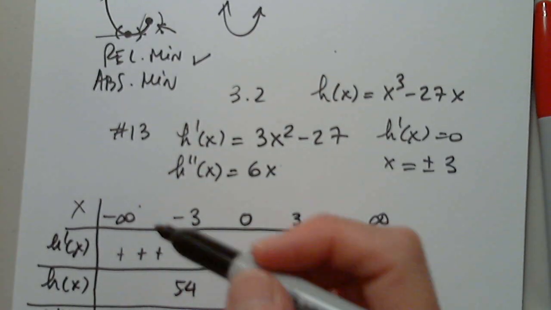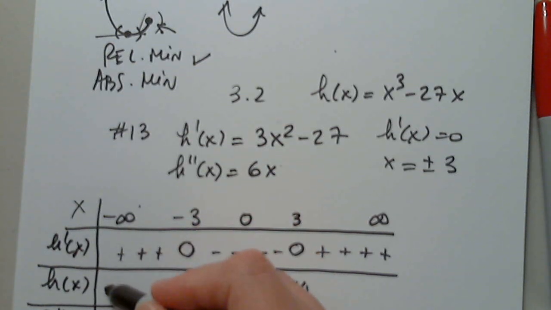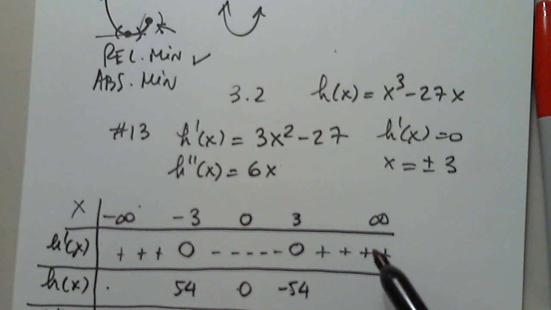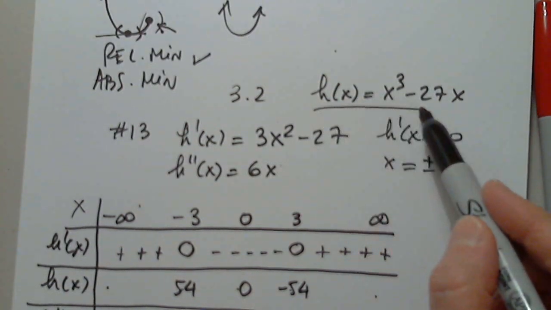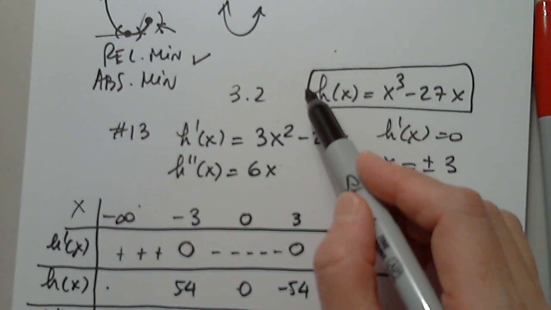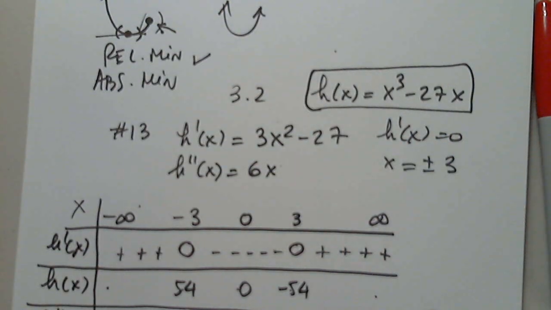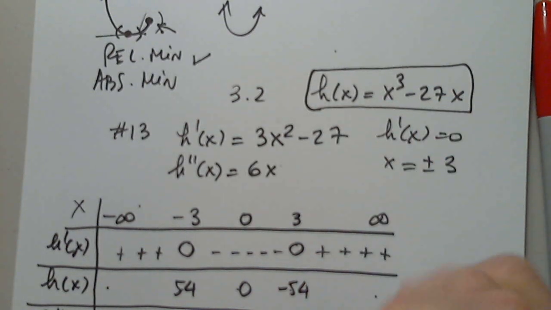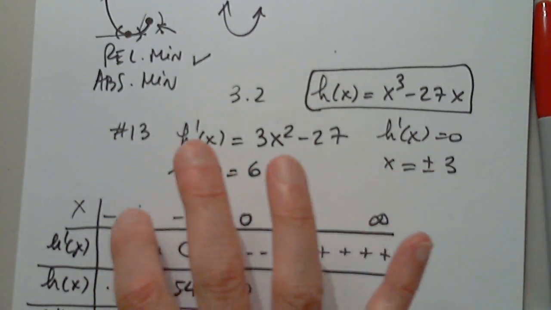Okay, so also I would like to see what happens to the function when x approaches -infinity and when x approaches infinity. So look at this function. And remember, we talked about limits. Which of these two terms is the most powerful at infinity or -infinity?